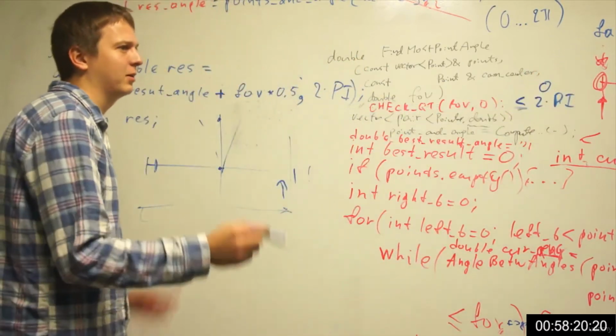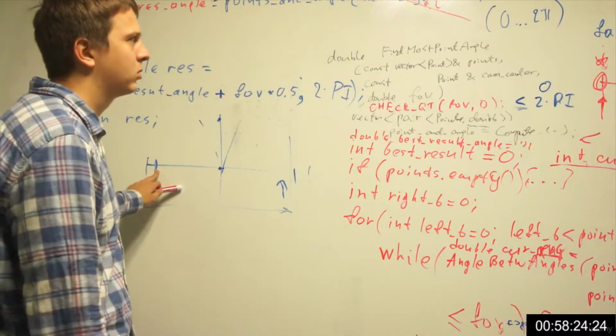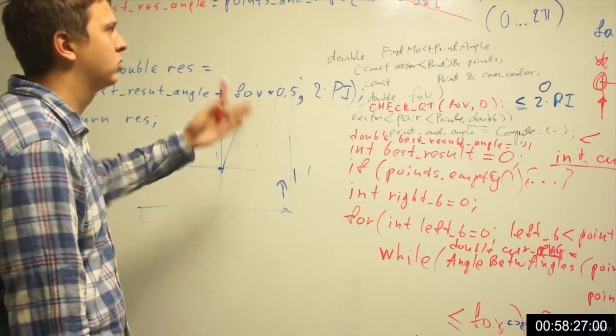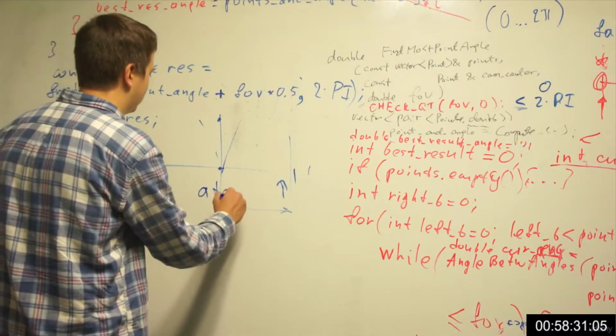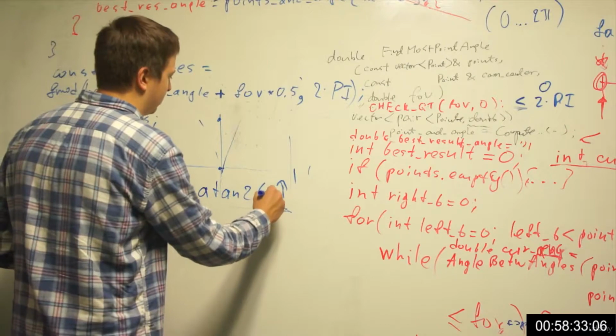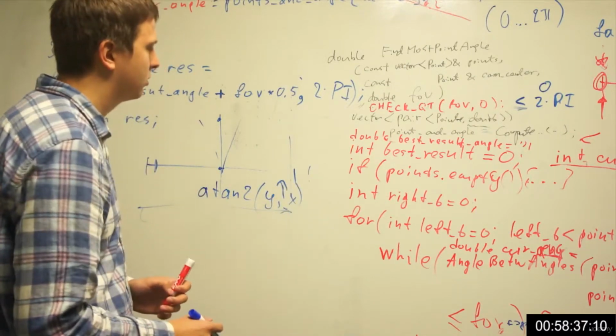Or maybe it's integer points, so in this case it will be easier. And also, you know how to find the angle. Yeah, I already mentioned it. Yeah, it's fine. y and x. Yeah. So what else?